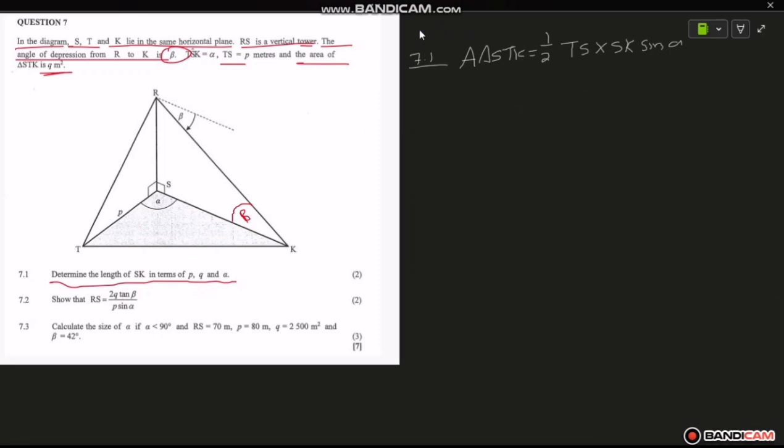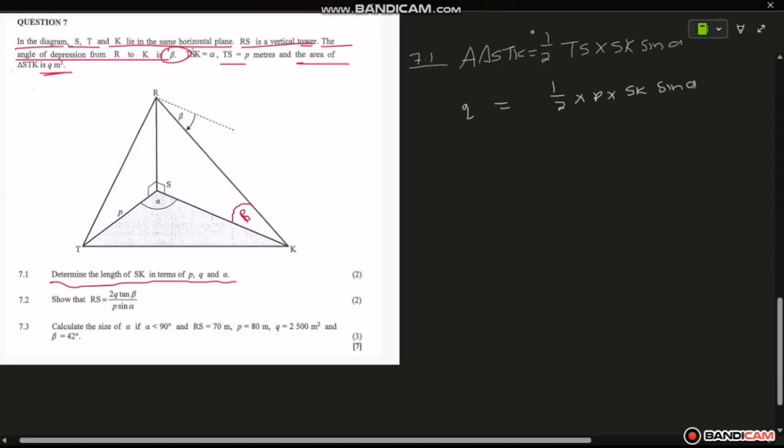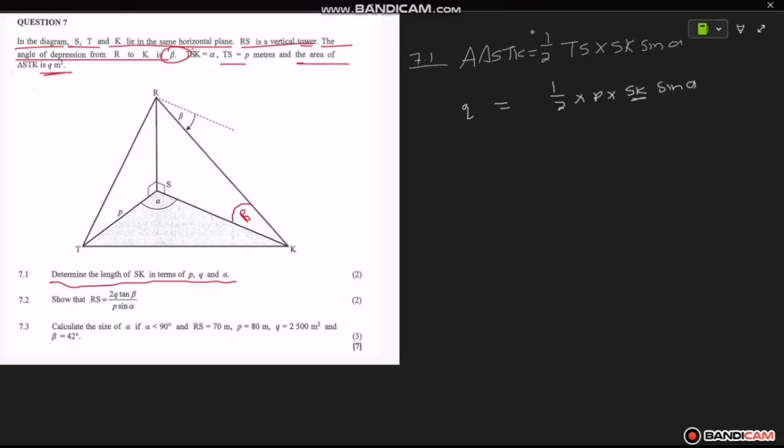So we have half P times SK times sine A equal to Q. Then we divide both sides by half P sine A to make SK the subject of the formula.